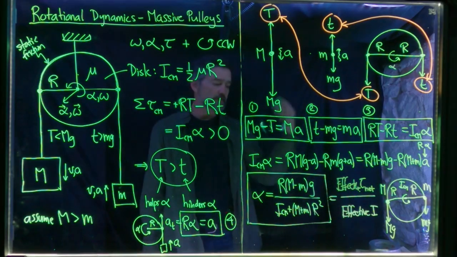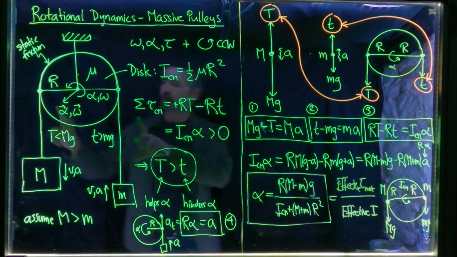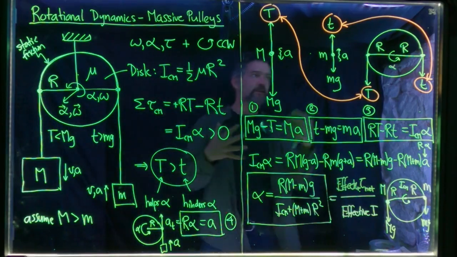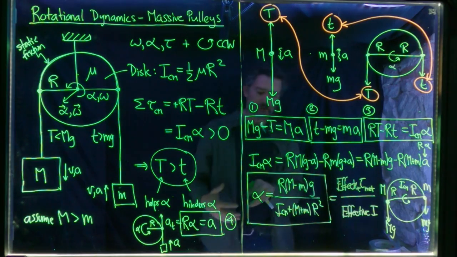You could have just written down this answer without all of these calculations. You just eliminate the ropes right to begin with. We did this mathematically by looking at these equations and eliminating the tensions, big T and little t, in finding this answer for alpha.